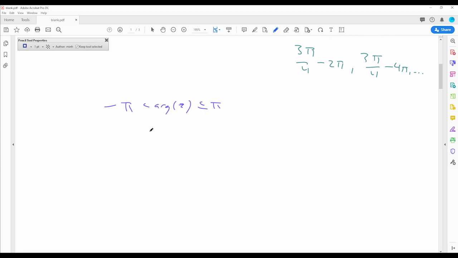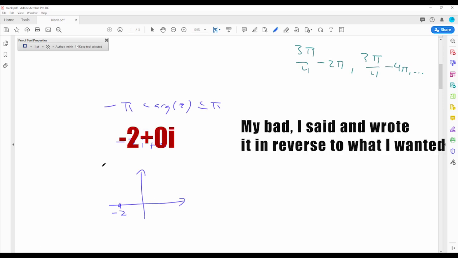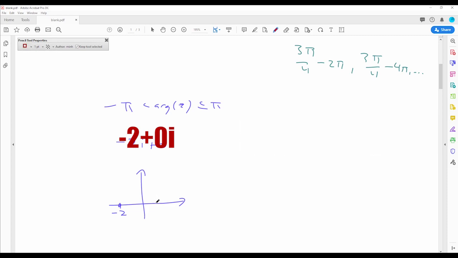So for example, let's have a look at the complex number minus 2i plus 0. We know if we graph that, that point would be negative 2, 0, so it'll be there. That means the argument of this, in this case from the positive x-axis to the ray or the point, would be pi there.